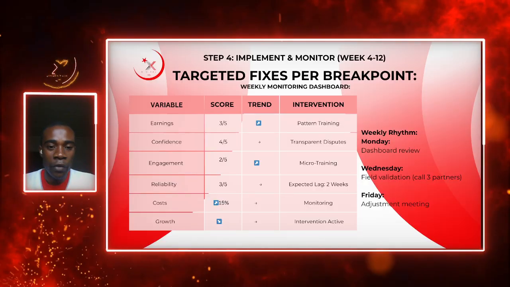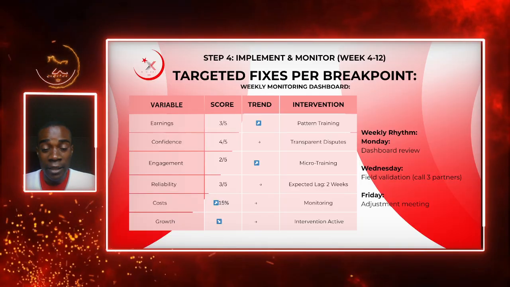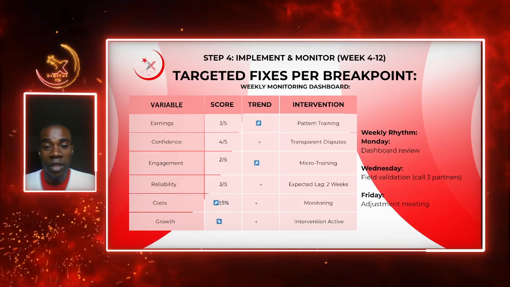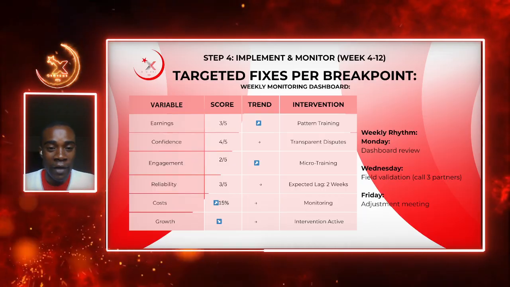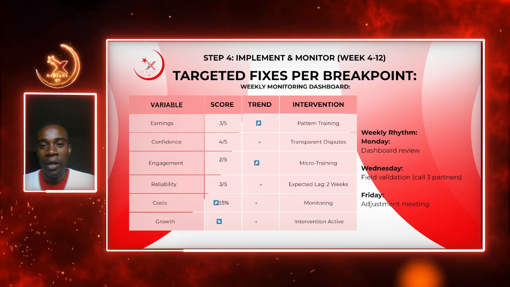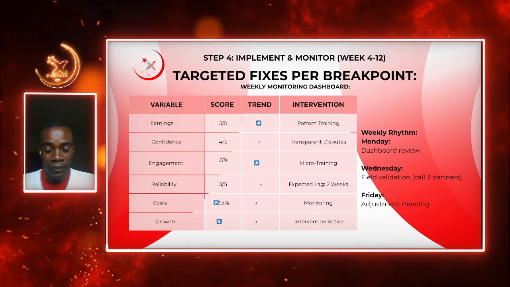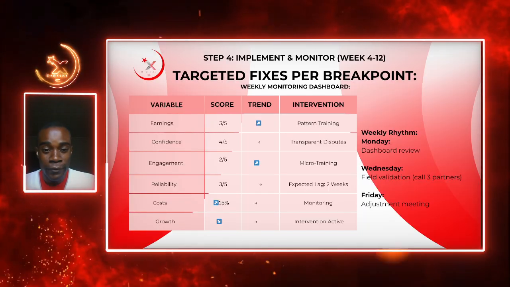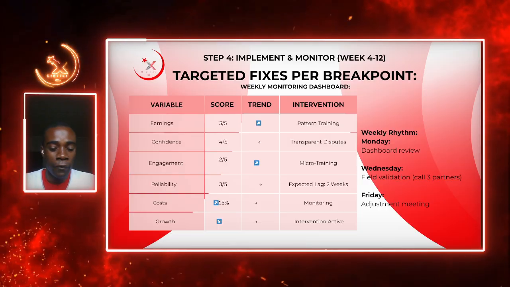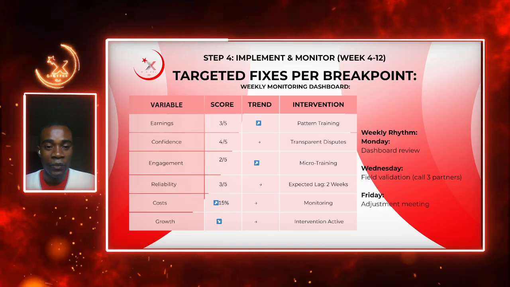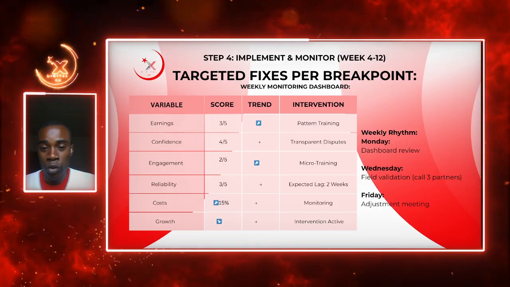Confidence score is 4 out of 5, holding steady, transparent dispute live. Engagement, score 2 out of 5, starting to climb, micro training launched. Your messages have to be brief. Reliability, the score 3 out of 5. Expect improvement in 2 weeks.